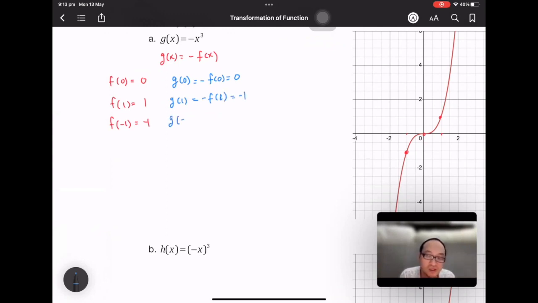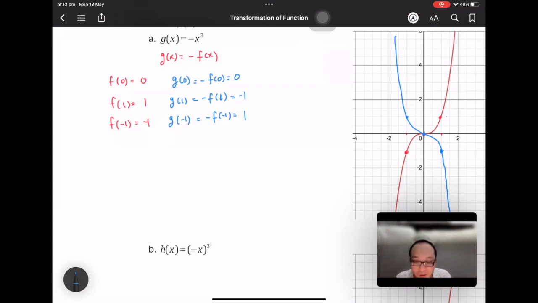So g(-1) is -f(-1) equals 1. So we can see that f(1) is -1, f(-1) is 1. You can see that this is a reflection by the x-axis.